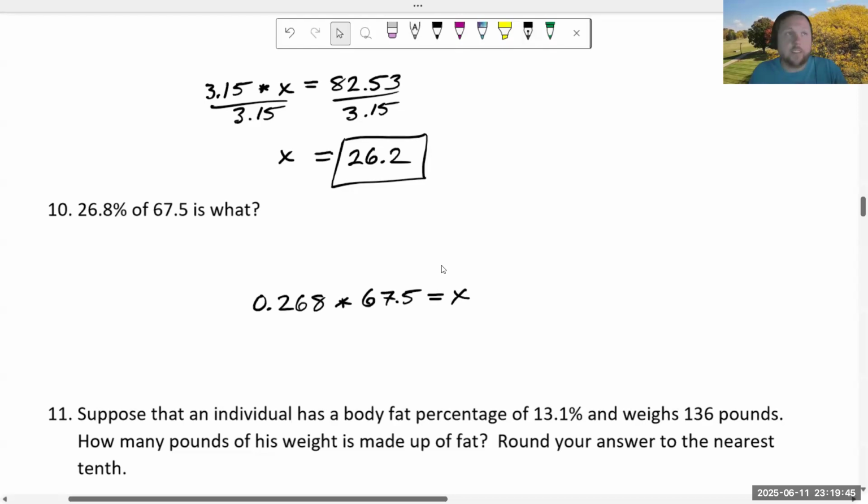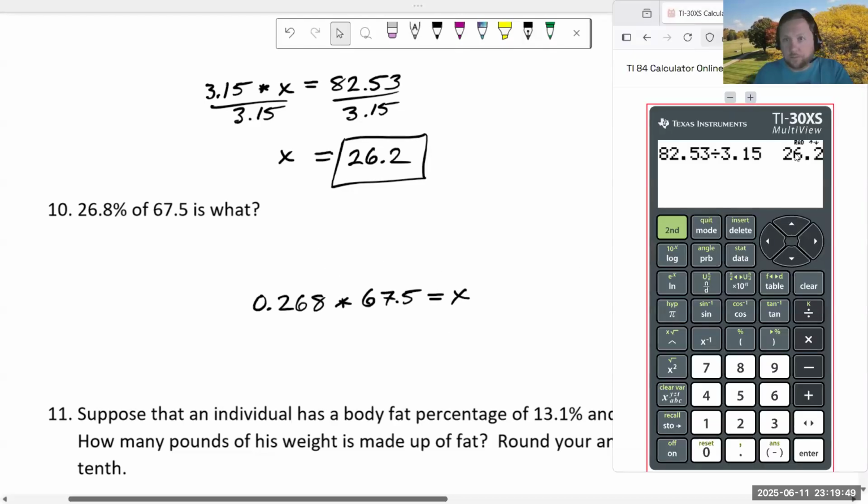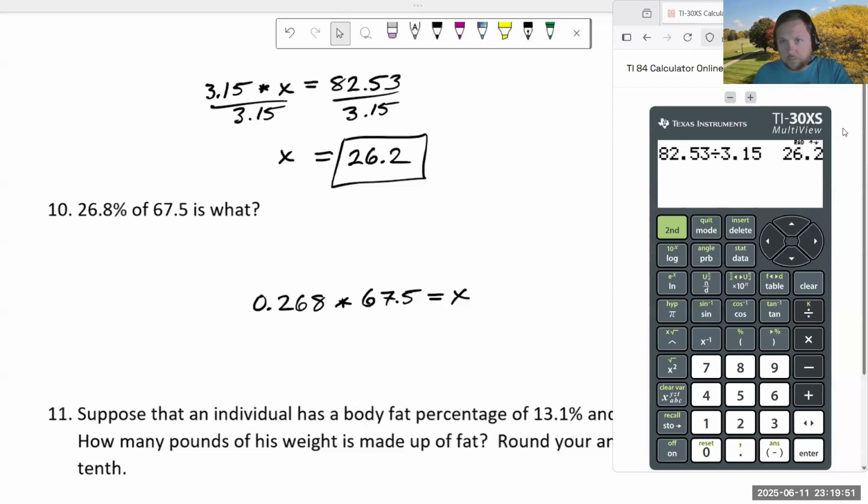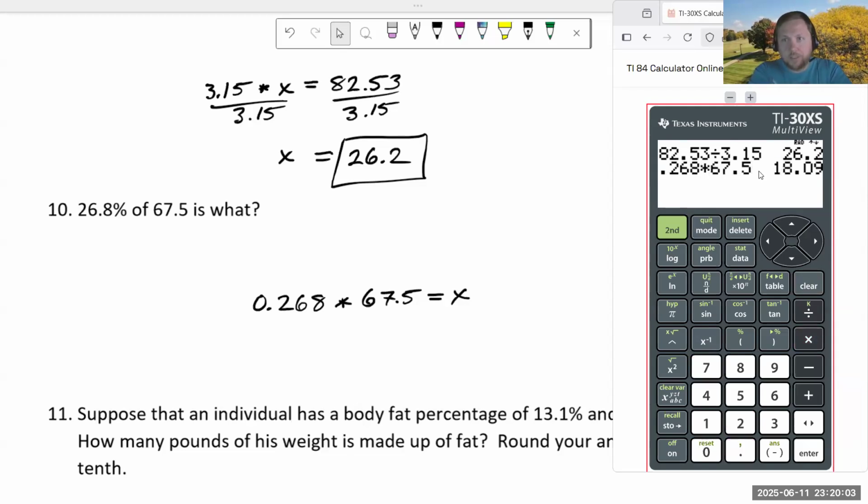I'm just multiplying. I don't even have to solve for anything. So I get 0.268 times 67.5, and I get 18.09.